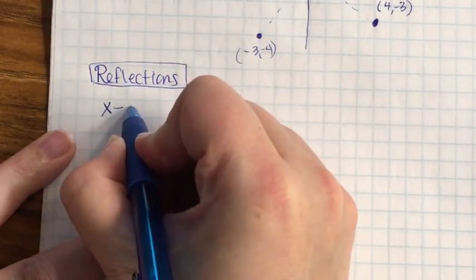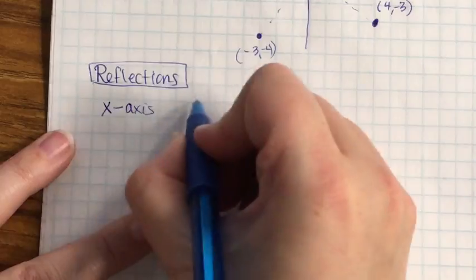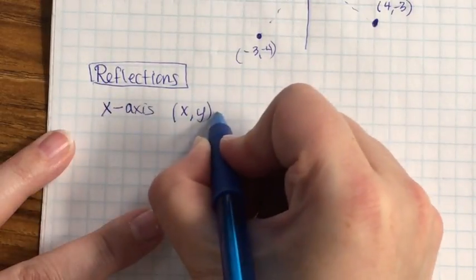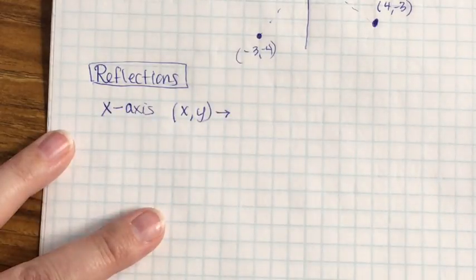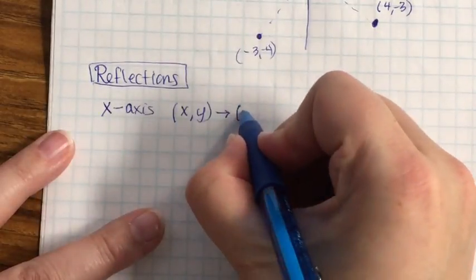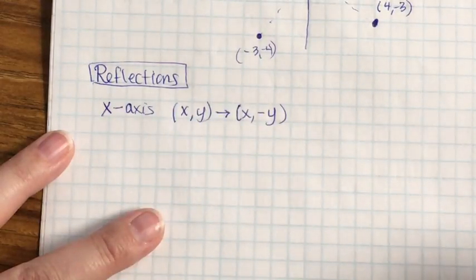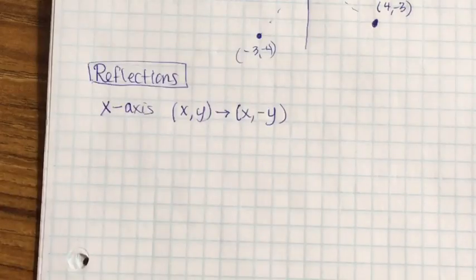So if it's across the x-axis, then we take our xy, our normal point. If you take a point and reflect it across the x-axis, the x stays the same, but the y goes opposite. As an example, I'll put it up here on this graph.